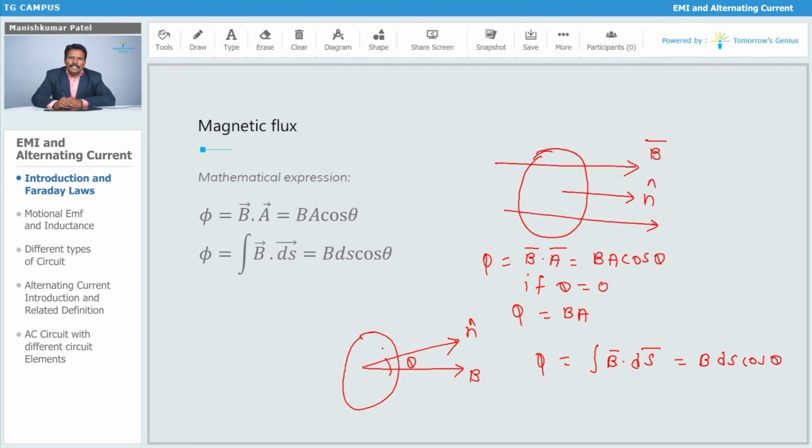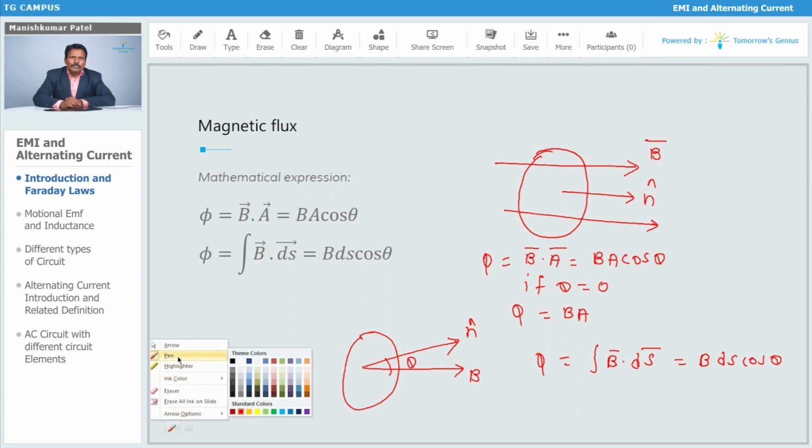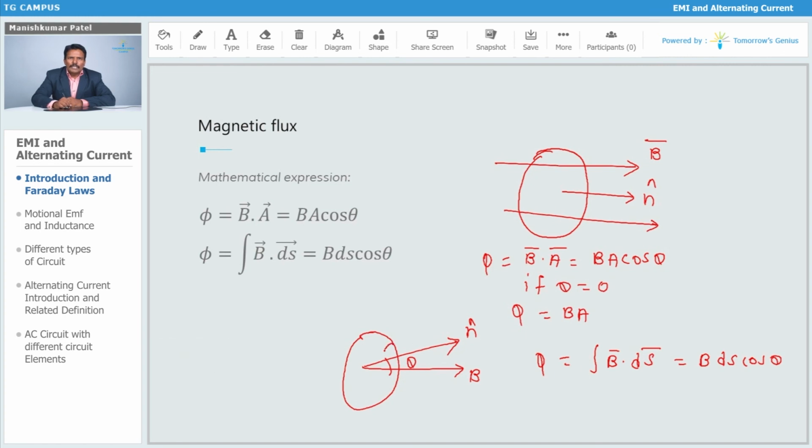For that, again you can use the technique. First of all, select a small area and calculate the number of magnetic lines of force. The flux will be d phi, which is B bar dot dS bar.